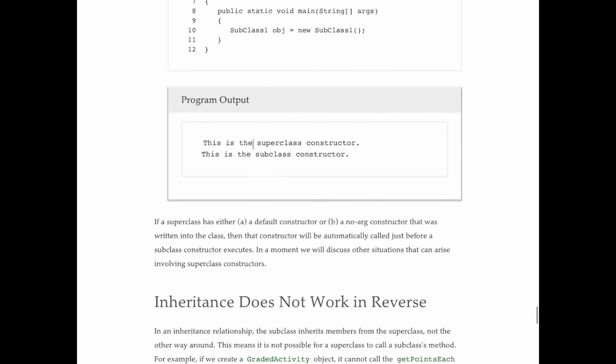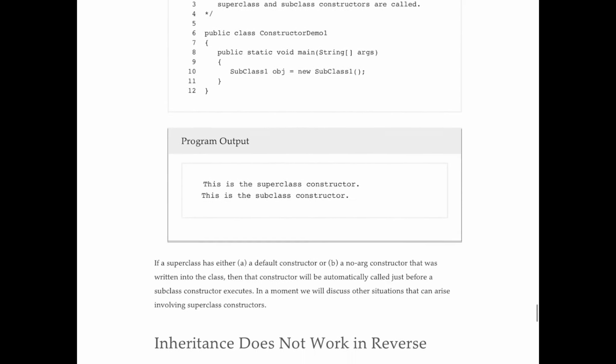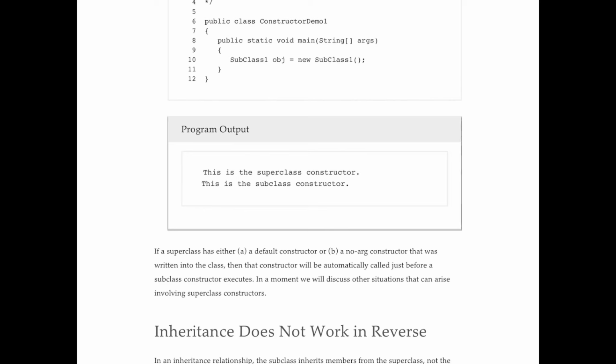This is the program output. This is the superclass constructor before the subclass constructor gets called. So this is more for you to be aware of than it is going to be necessary or even overtly plain for you to see in the way that Java executes. But it's been doing this whole while, creating these superclass objects before we have an opportunity to call these subclasses.